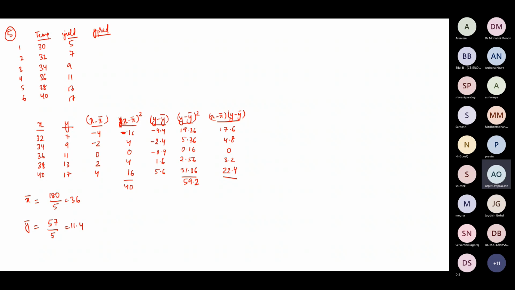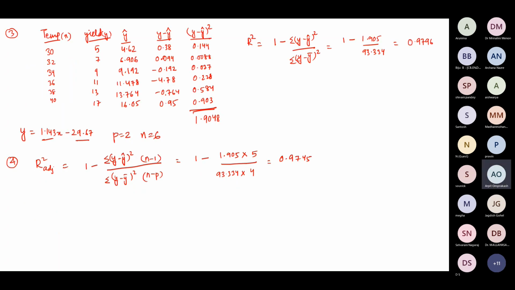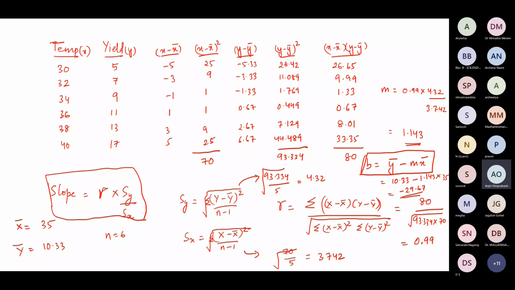The last is 17.6 plus 4.8 plus 0 plus 3.2 plus 22.4, which is 48. Then recall the formula we used here for slope, Sy and Sx.